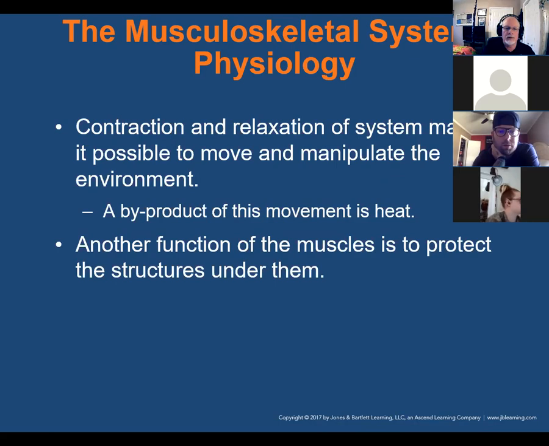So what happens? The brain triggers a response, which is shivering, and skeletal muscle contracts and relaxes rapidly, and that's what makes shivering. And the byproduct of that is heat, and your body uses that to raise the core body temperature.